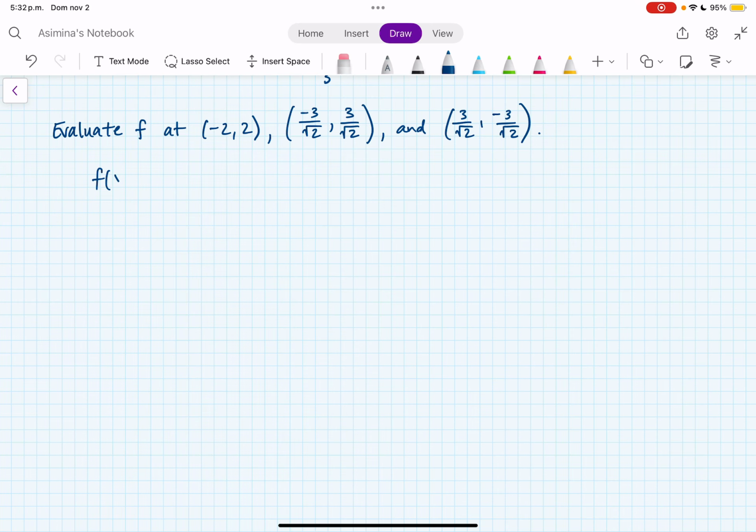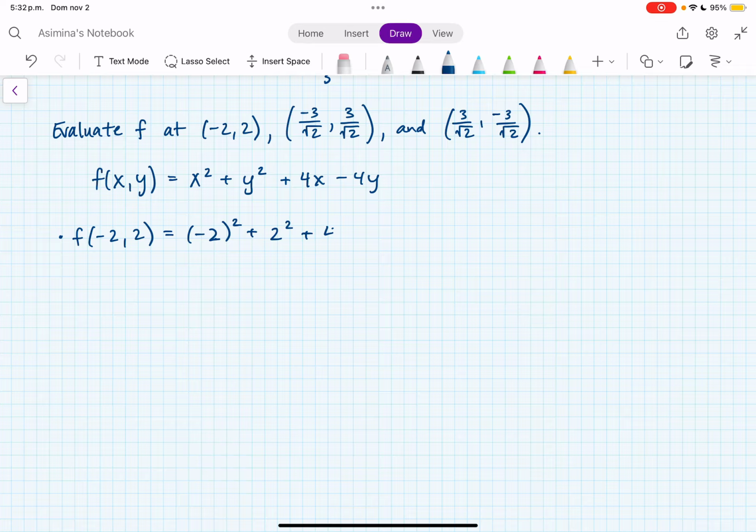Recall that f of x comma y was this function x squared plus y squared plus 4x minus 4y. So what is f of minus 2 comma 2? That's going to be minus 2 squared plus 2 squared plus 4 times minus 2 minus 4 times 2. So this is 4 plus 4 minus 8 minus 8. So this is minus 8.